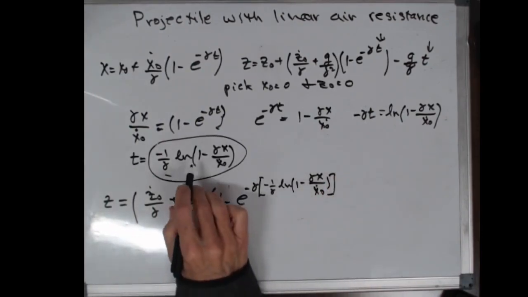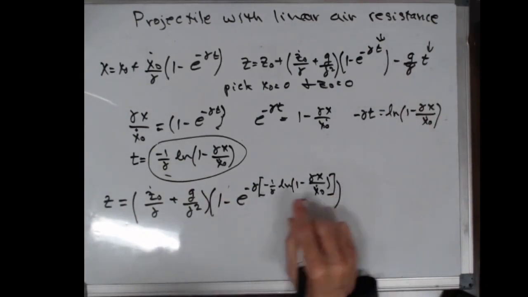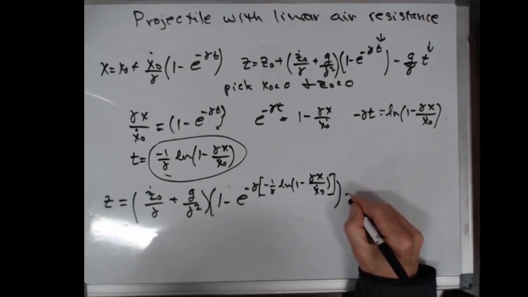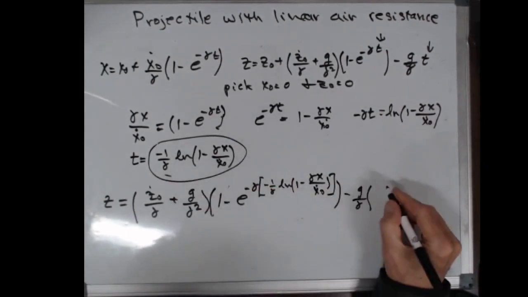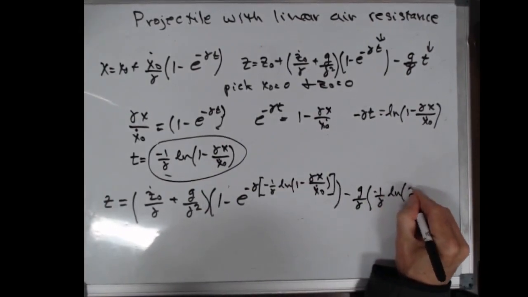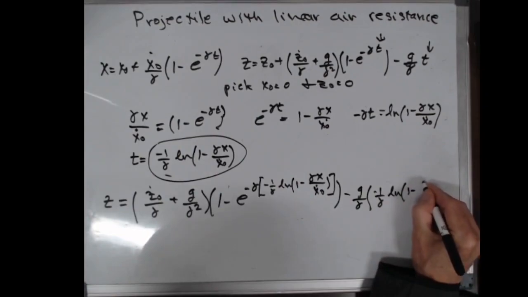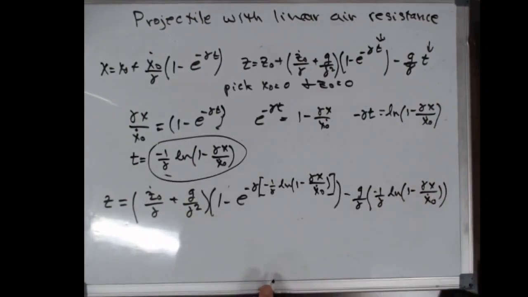Right, the thing in square brackets is just my t from up here. And I'm going to close that parentheses, and I'm going to say minus g over gamma times this thing again, minus 1 over gamma log of 1 minus gamma x over x naught dot, close parentheses, like that. Now I have my z as a function of x.